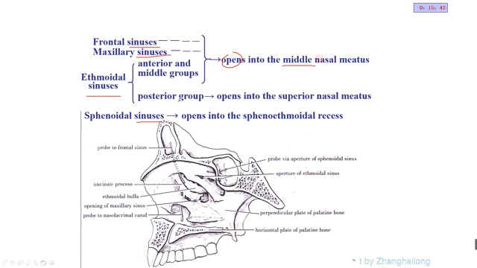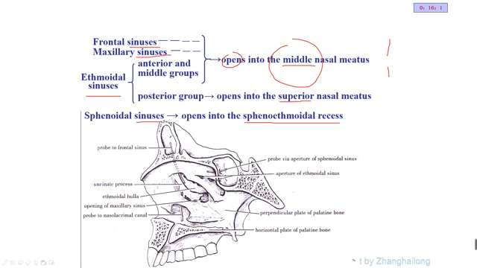The posterior group of ethmoid sinuses open to the superior nasal meatus. The sphenoid sinus opens to the sphenoethmoidal recess. All the others open to here. This one is important: most open to the middle.